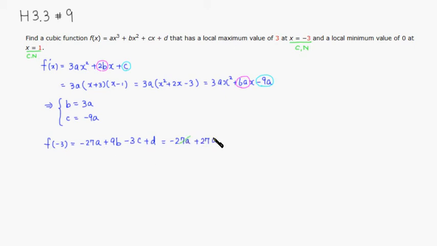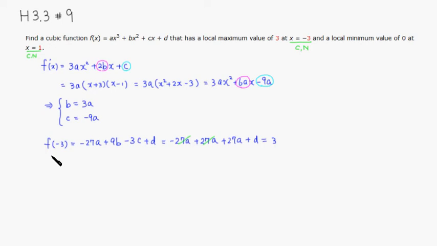Then -3c would be -3 times -9a, which is plus 27a. And then you have plus d. So 27a plus d is supposed to be 3. So we have one equation involving just a and d.